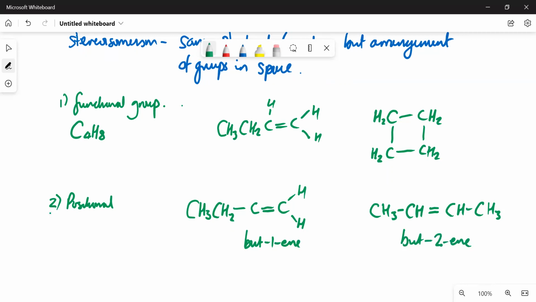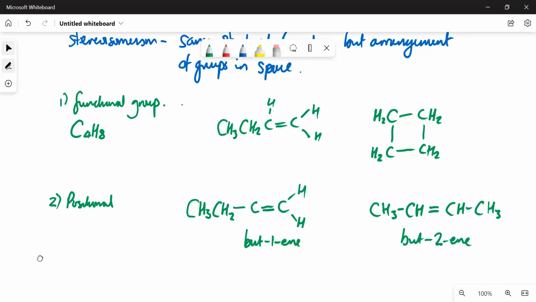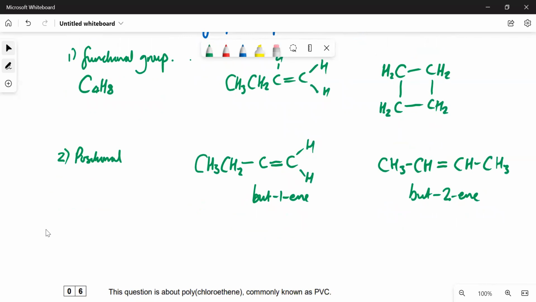Right. The final kind of structural isomerism is chain isomerism. You've got the same functional group, but the carbon chain is different. So, for example, we could have but-1-ene again, with 4 carbons in a row in the carbon chain, and let's have methylpropene.